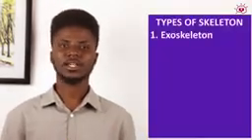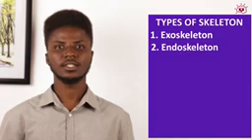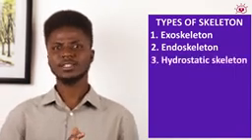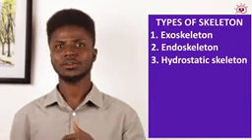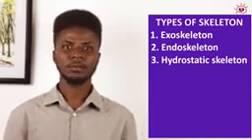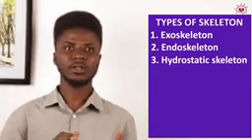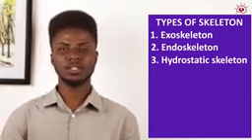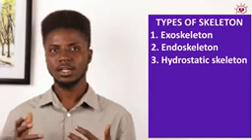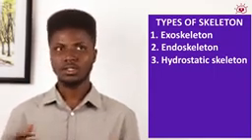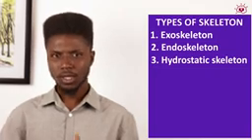Now, there are three types of skeleton: the exoskeleton, the endoskeleton, and the hydrostatic skeleton. The exoskeleton is more like an armor that covers the animals that have them, and they are majorly lower animals like the arthropods, that's the insects, and the crustaceans like our scorpion, the centipede, and so on.